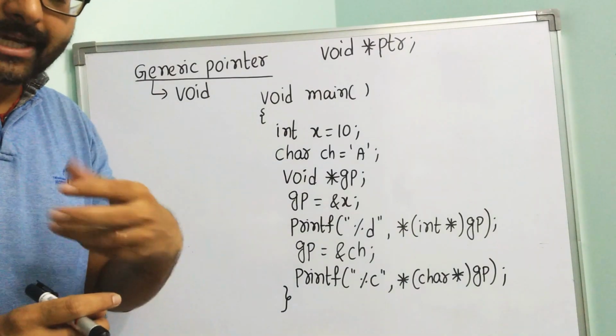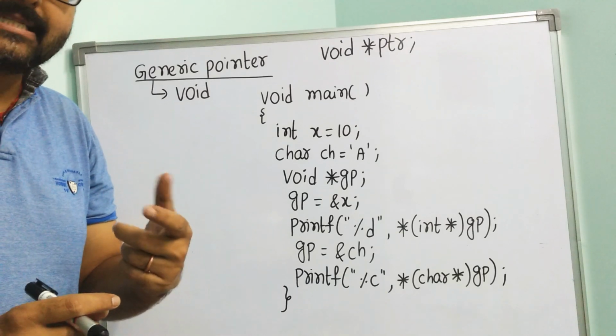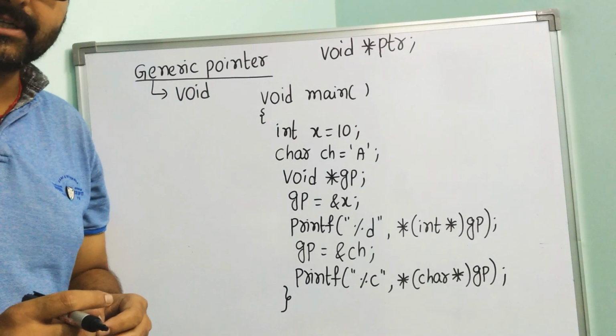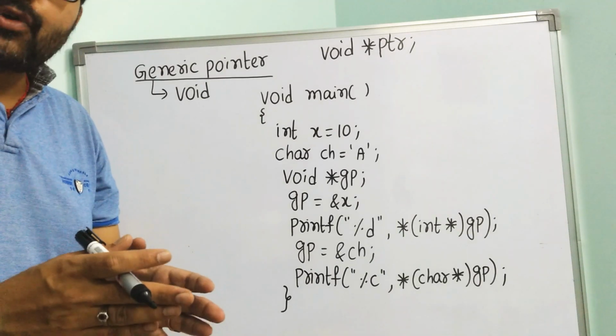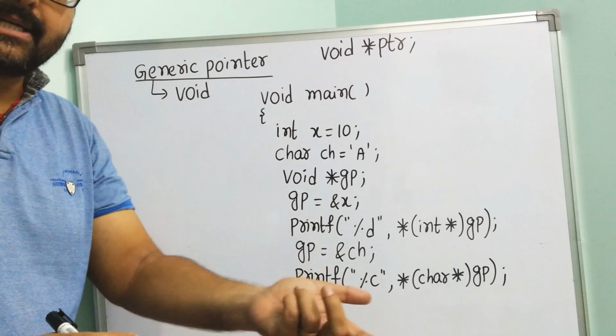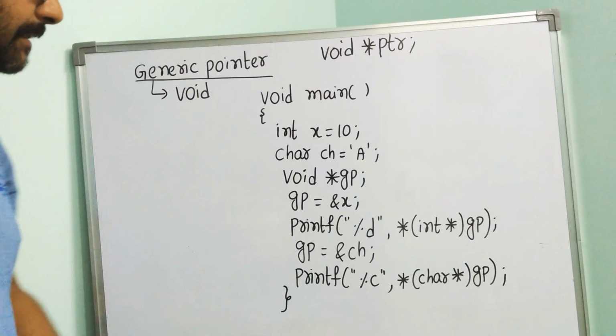Even though you cannot access it directly, it will be able to point to any type of data. But whenever you want to access that data, perform typecasting into that particular data type and access. It's very simple.